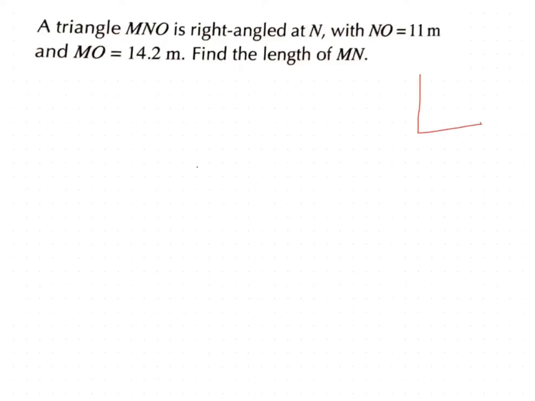Here, as it is written, the right angle is at N, and here are M and O, with NO equals 11 centimeter and MO equals 14.2 centimeter. Now we have to find the length of MN. For finding the length of MN, we have to write the formula here.